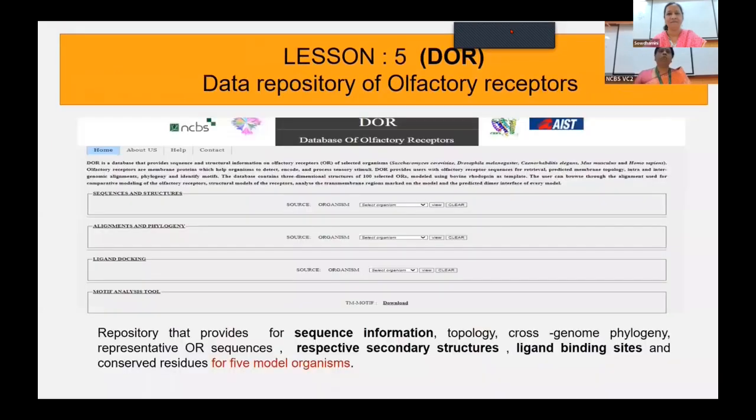We have deposited the sequence information such as topology, cross-genome phylogeny, representative olfactory sequences and their respective secondary structure, and ligand binding sites with the conserved residues of 5 model organisms in the DOR database, the database of olfactory receptors.